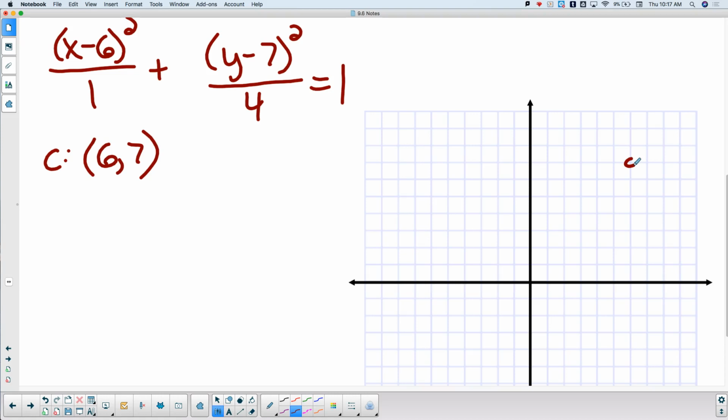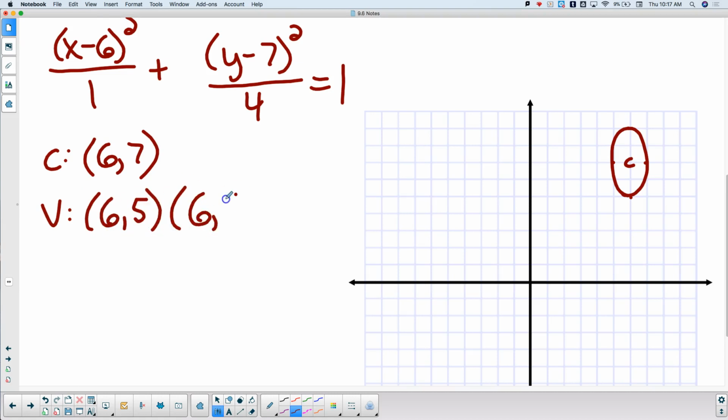Left and right from my center, I go 1. Up and down from my center, I go 2. So it's a little teeny tiny thing up there. That gives me vertices at 6, 5 and 6, 9.